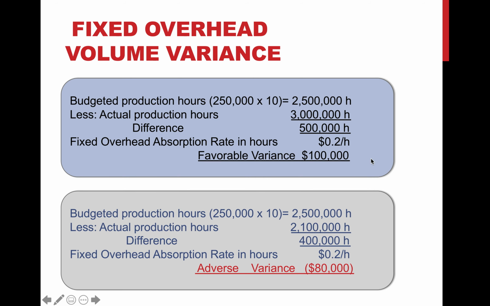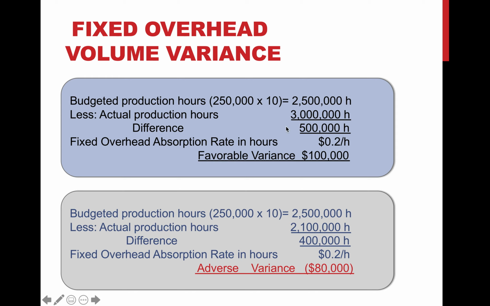Let's continue with our budgeted production of 250,000 hours times 10, that is 2.5 million hours of machinery, remember? Our actual production was 3 million instead.